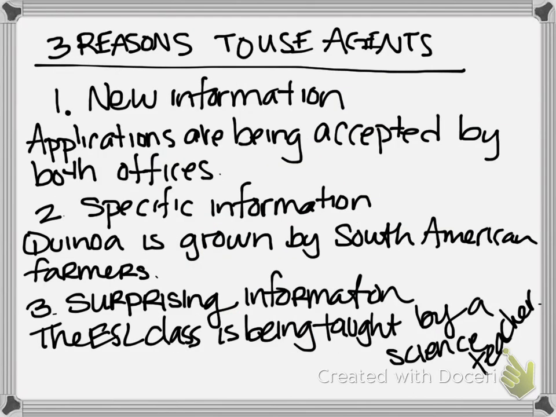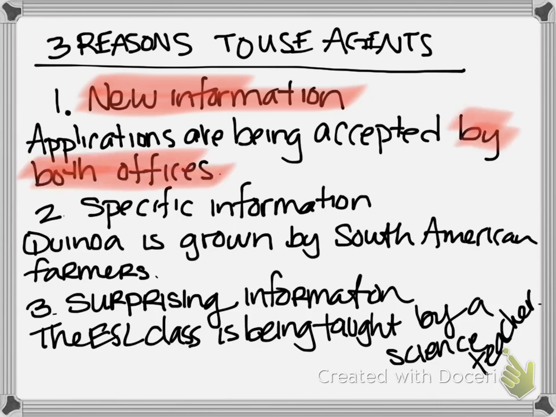Okay, so let's talk about agents. There's 3 reasons why we should use agents. Number 1 is if it is new information. So for example, applications are being accepted by both offices. And in this case, the new information would be both offices instead of just one office. Number 2 would be specific information.